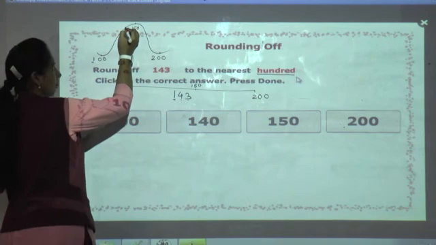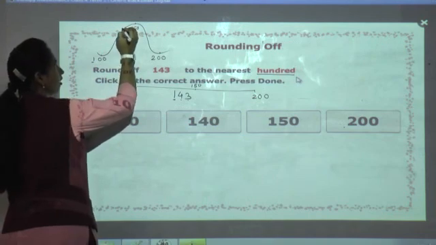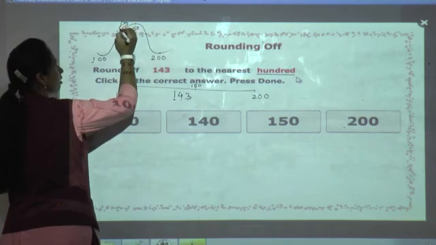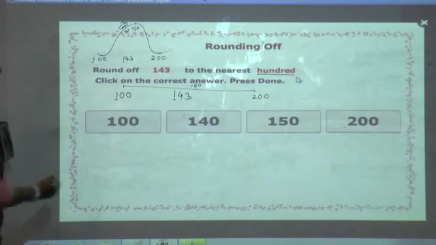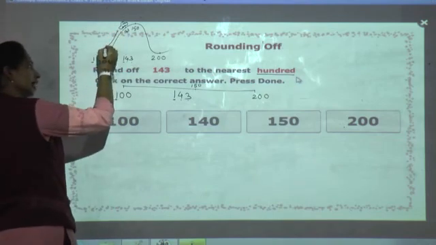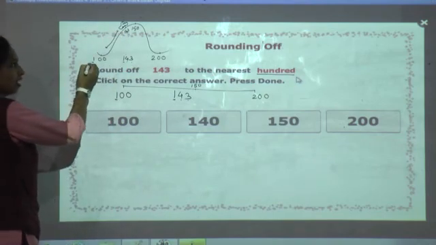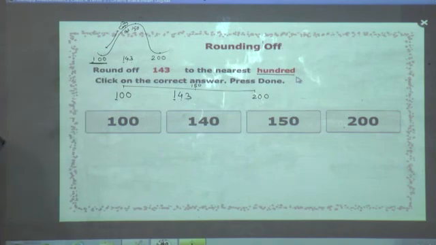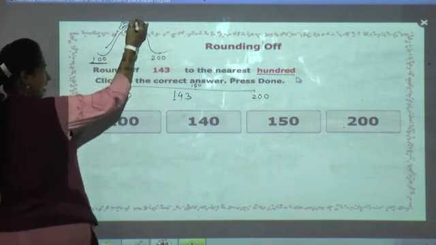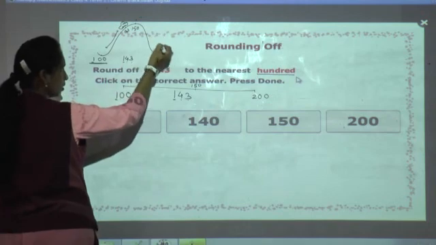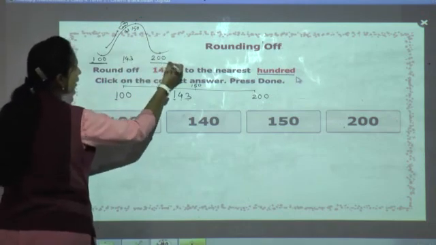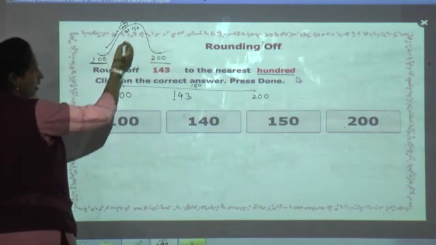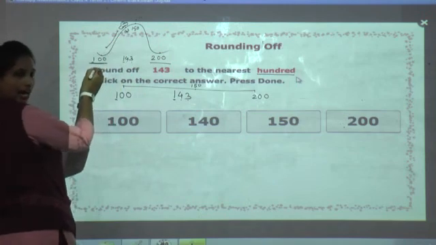Now just imagine where 143 will come, somewhere here. Can you tell me where it will go? It will come down to 100. When the car is in the midway, it goes this way to 200, but the car is on this side, so it comes to 100.